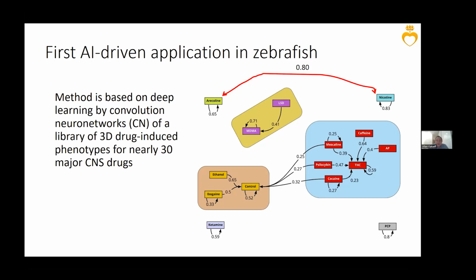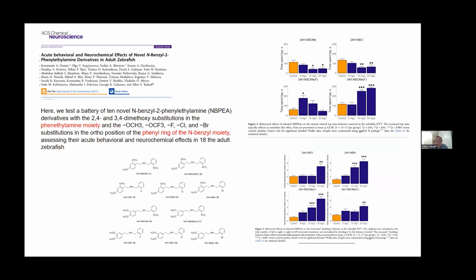The next step that we made was to apply the system, the artificial intelligence powered platform, to test a battery of 10 novel N-bones, the derivatives of benzyl phenylethylamine that have multiple substitutions in two moieties, the phenylethylamine moiety and the phenyl ring of the benzyl moiety.